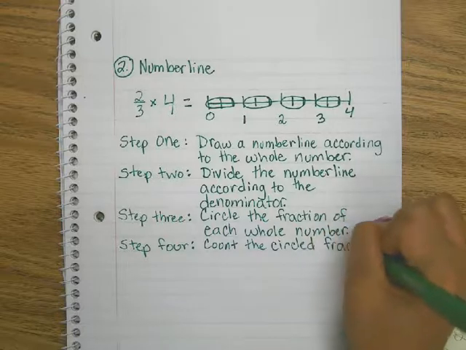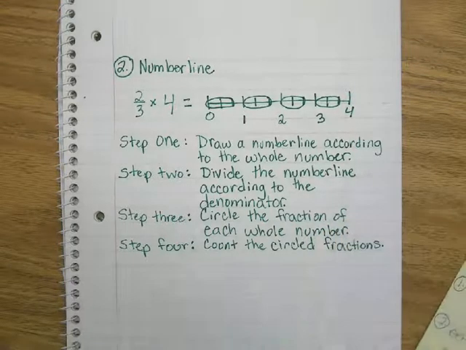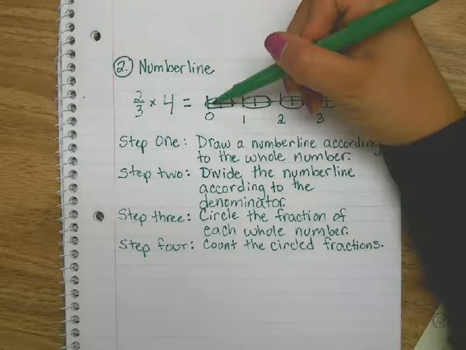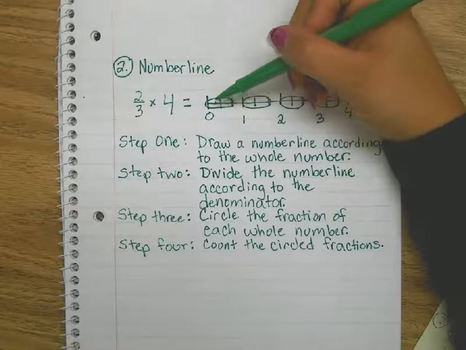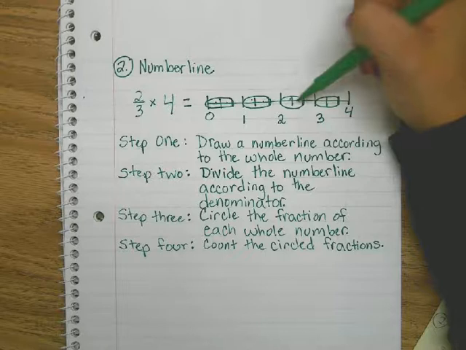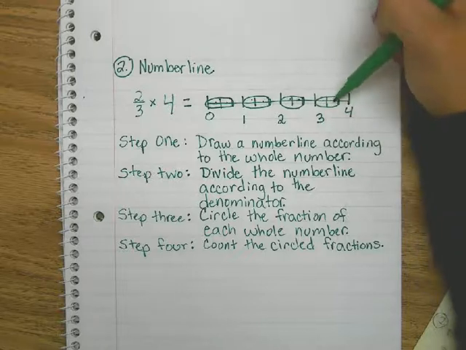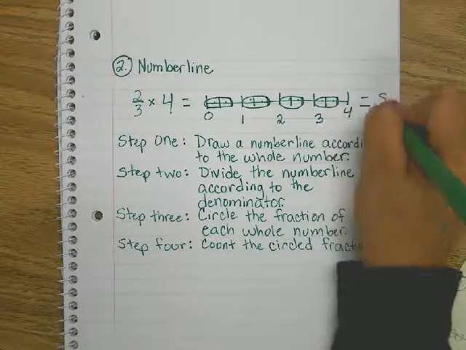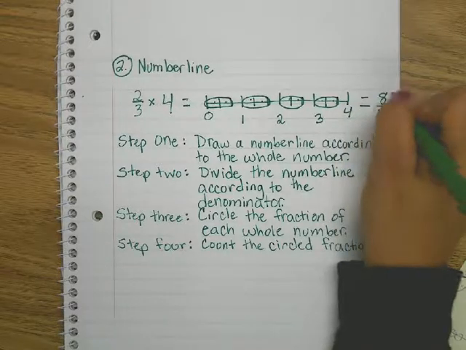Alright. So we've got, these are each a third, right? So 1/3, 2/3, 3/3, 4/3, 5/3, 6/3, 7/3, 8/3. And that is your answer.